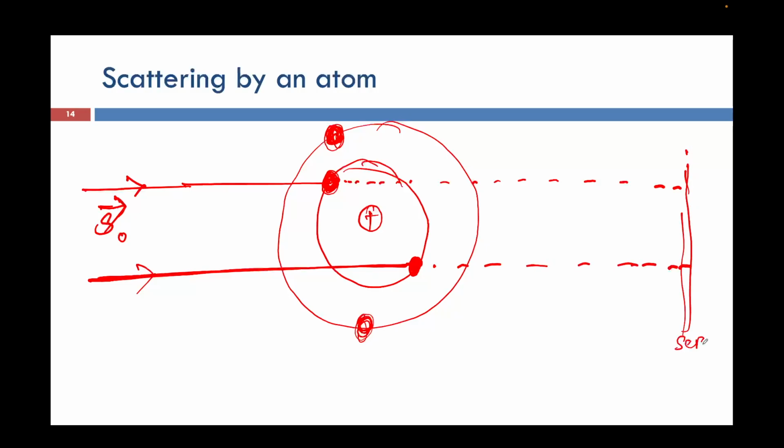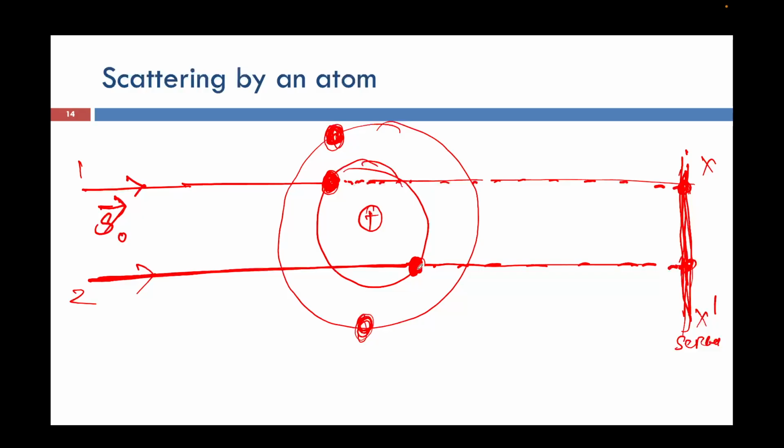If I put a screen here, and my beams are transmitted in this direction even after interaction with the negatively charged electrons, then there will be no path difference. If I put a screen here, there will be no path difference between beam one and beam two.